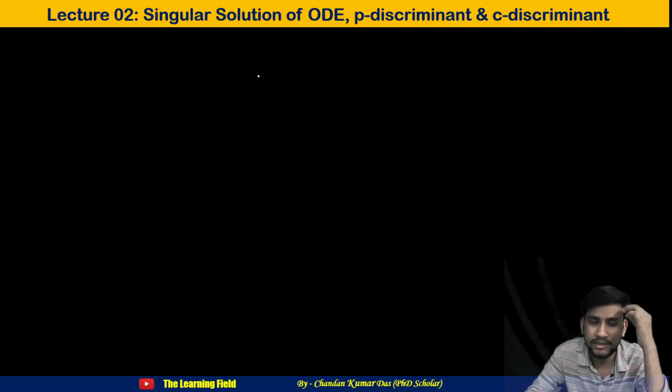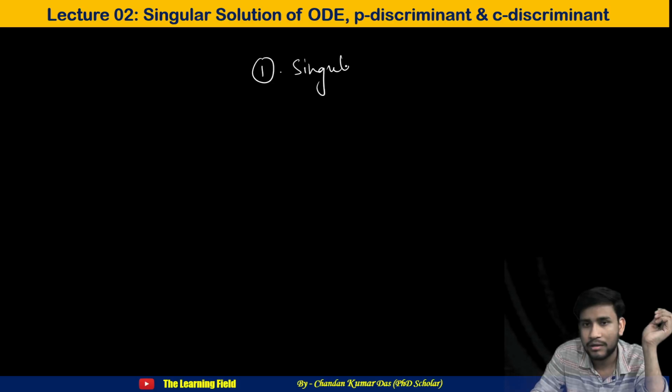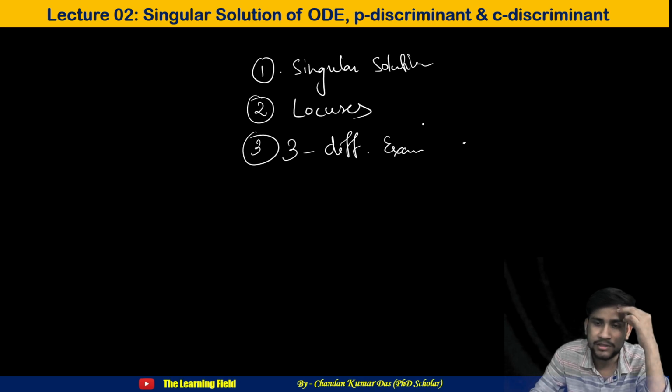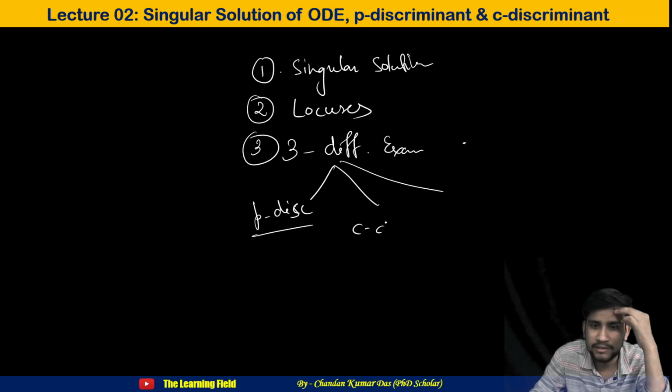So here we discussed what a singular solution is, and different kinds of locuses, with three different examples. In these three, we saw three different problems: P discriminant, C discriminant, and one where the singular solution does not exist.